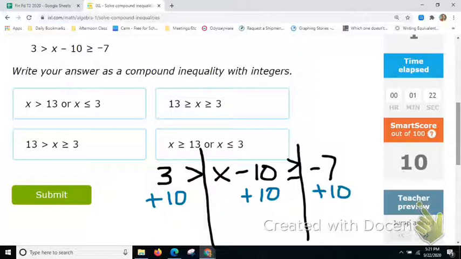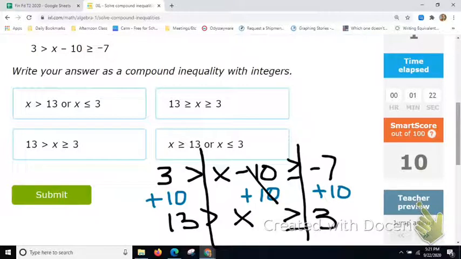So 3 plus 10 is 13. Keep my symbol. x is now by itself. Negative 7 plus 10 is positive 3. So if the x starts out in the middle, the x is going to stay in the middle. It does not switch from being between to being an "or".